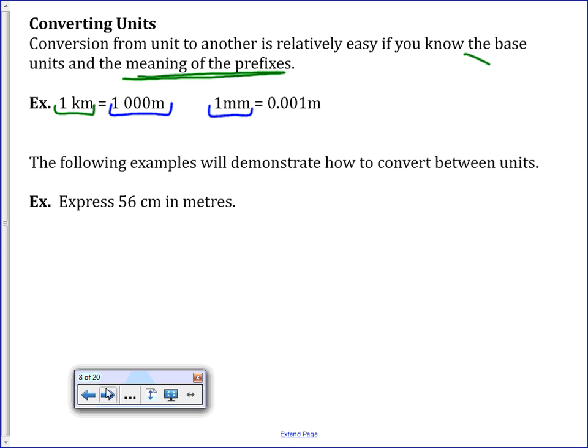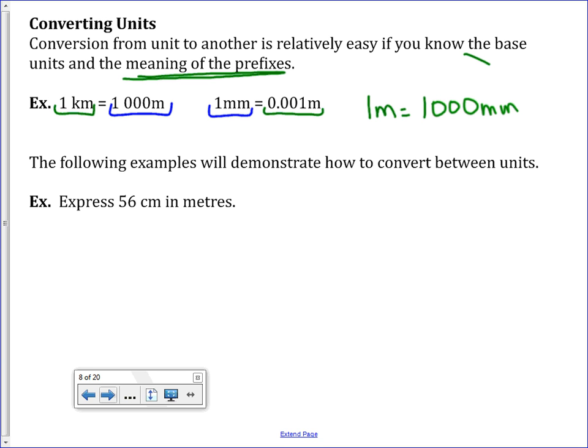So what that means is that 1 millimeter is 1/1000th of a meter, so it would be 0.001 meters. The other way that we could think about this as well is that 1 meter is equal to 1,000 millimeters.